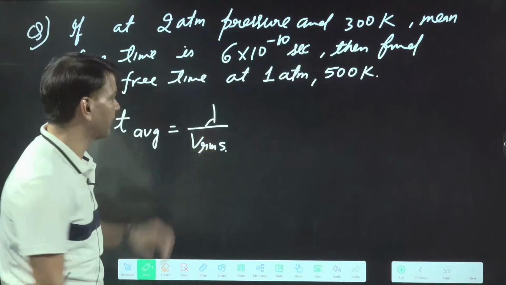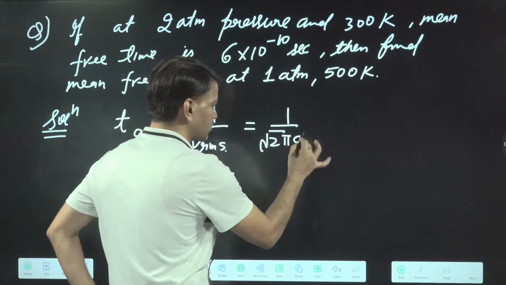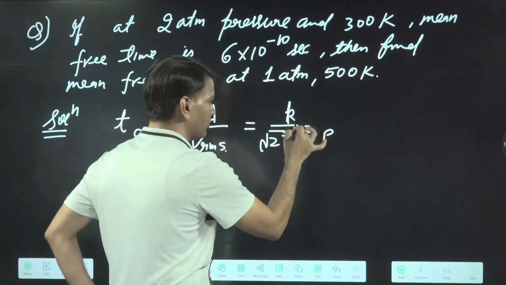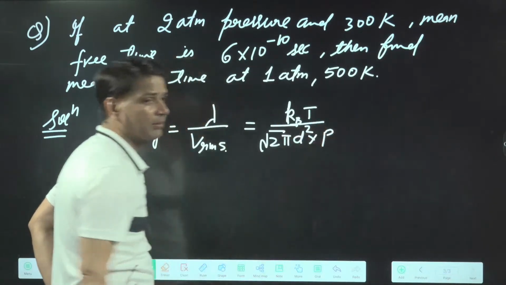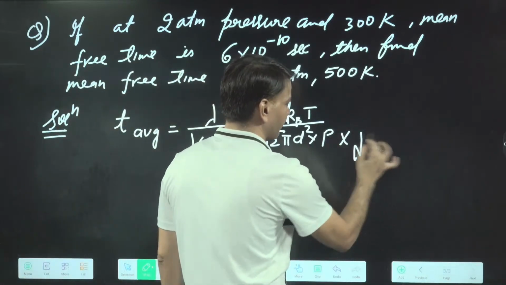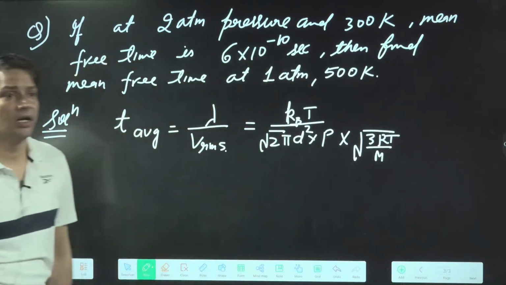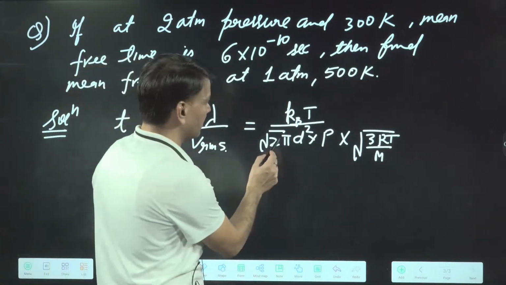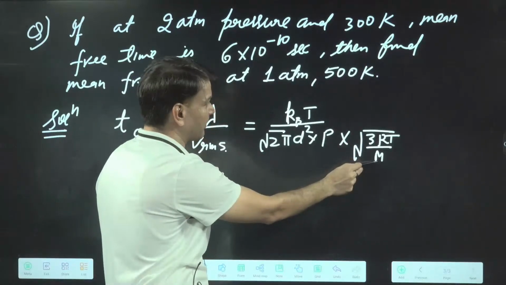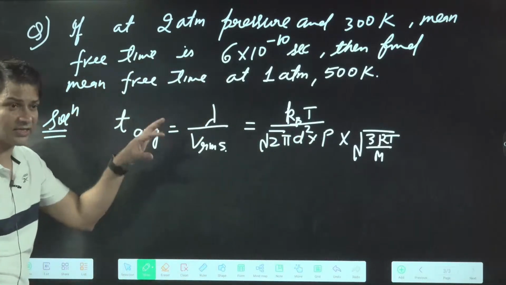For T average, the lambda formula we know is 1 upon root 2 pi d square into n, and I can put n as P by kT, kb into T. This is the lambda formula. And Vrms is the under root of 3RT by M. Now for the given gas, d is constant, R constant for all gases, molar mass constant, kb constant, root 2 constant, pi constant. So we can check the proportionality.